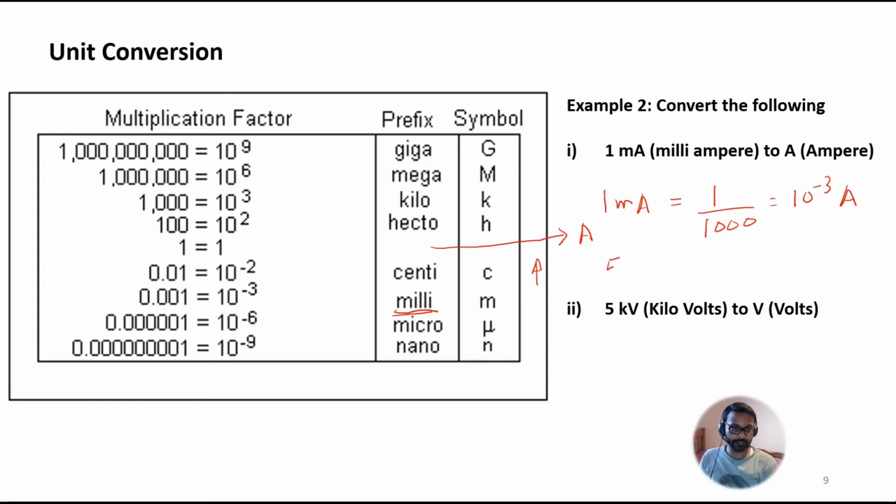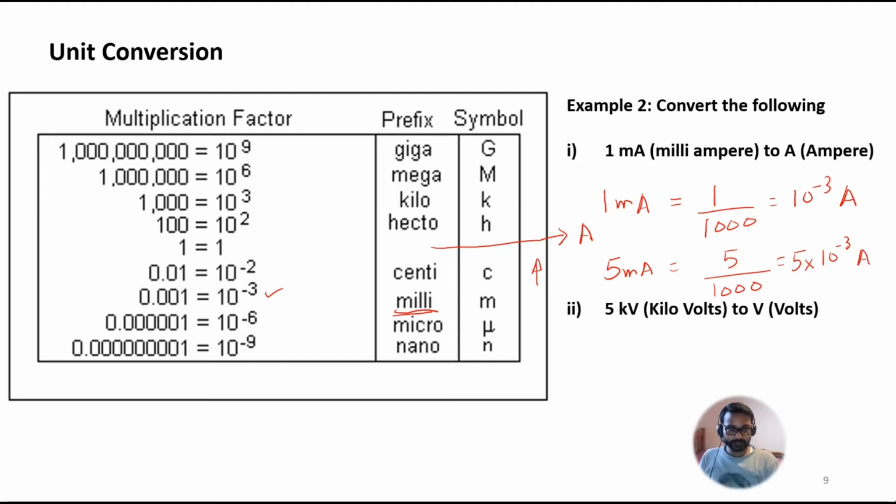Similarly, if we have 5 milliamperes, we'll have to divide this 5 by 1000, so it will be 5 multiplied by 10 to the power minus 3 amperes.